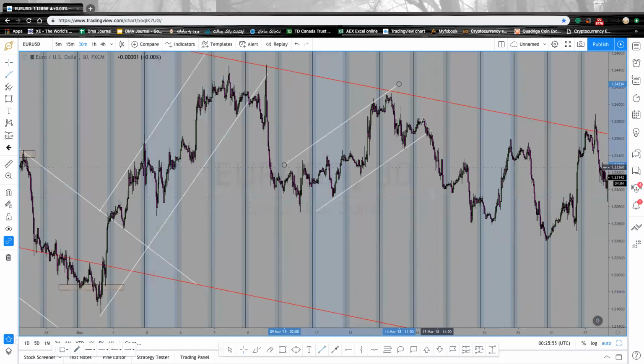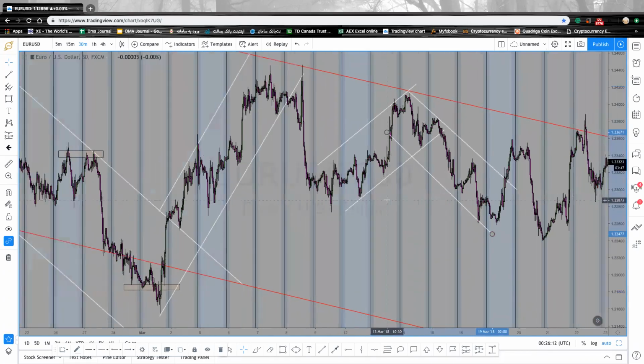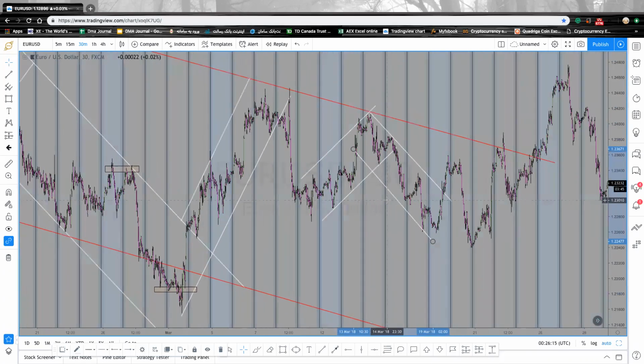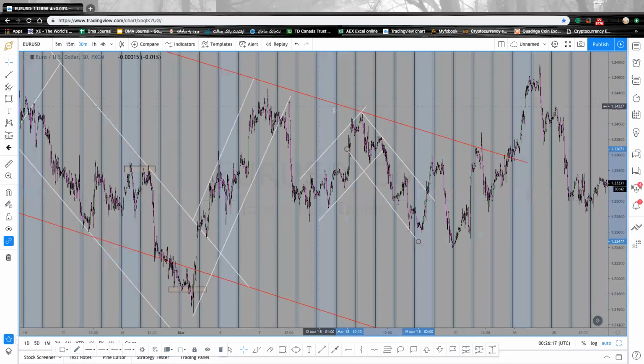How can you make that golden eye happen for you? It's to backtest. The way that you can backtest is to clean your chart of any useless indicator, even moving averages, everything. Just like me, plain simple charts, and try to find the same patterns.